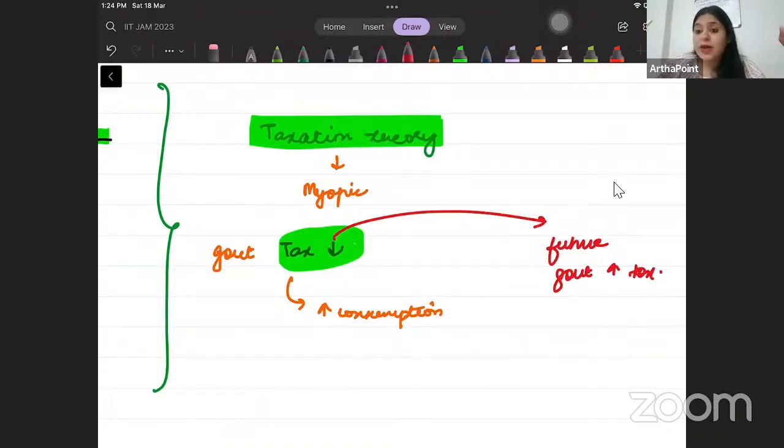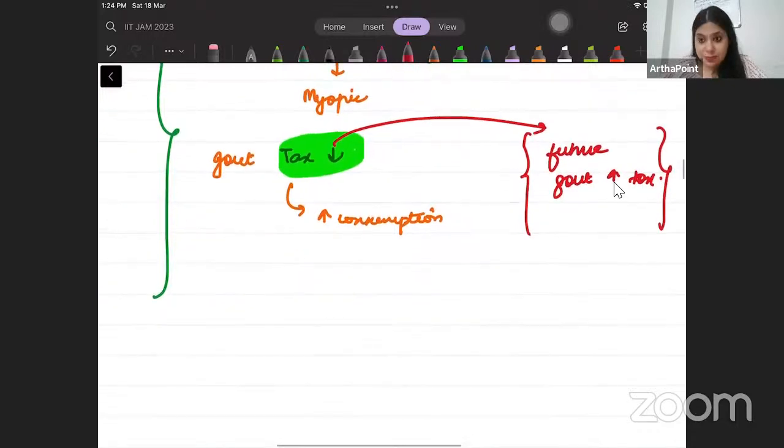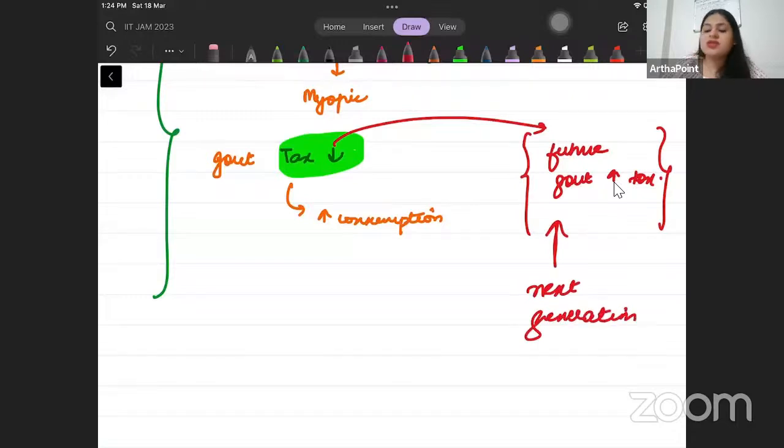A lot of people are myopic. They're short-sighted. They just think, okay, less tax today, let me consume more. Why? Because some people also argue that this increase in taxation may come at a period when they don't have to pay this increased tax. But it is actually their next generation who will end up paying this increased tax.